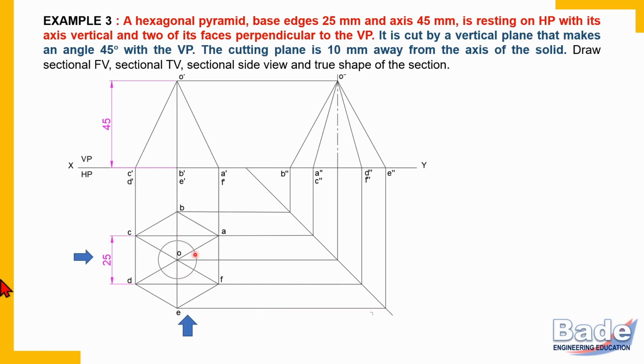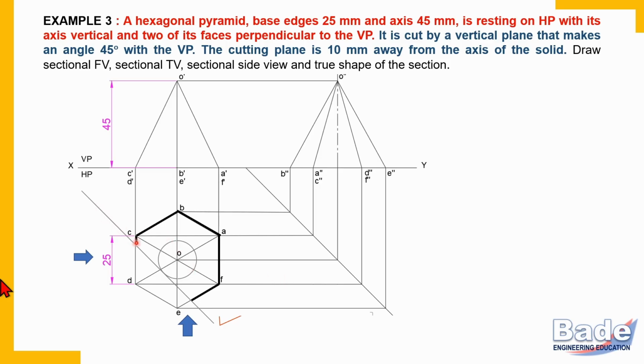So therefore this is also not the correct cutting plane line. Now check this cutting plane line. The portion nearer to the observer is the removed portion and this is the retained portion. The section is visible from both the side and the front also. So this is the correct position of the cutting plane line.